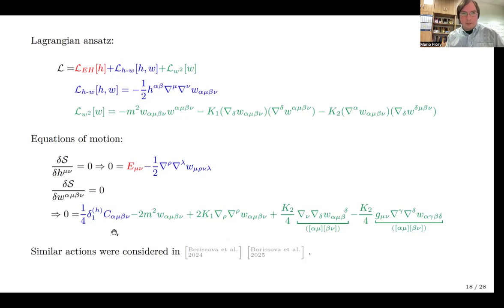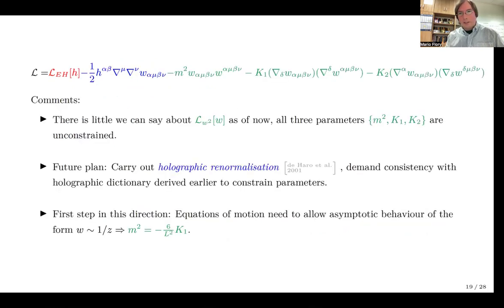And so this is very interesting. A few comments. In this model that we are using, we have three parameters, m squared, k1, k2, which interestingly are not specified yet by what we have said so far. However, we believe this will be possible in the future by doing a procedure called holographic renormalization.